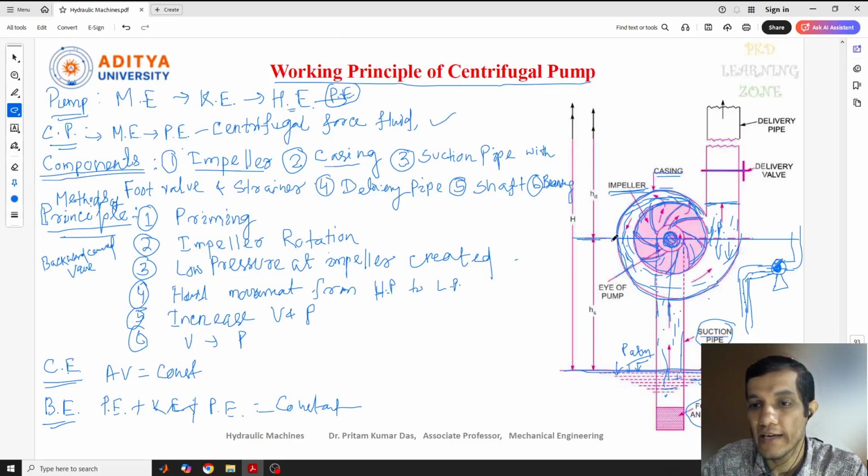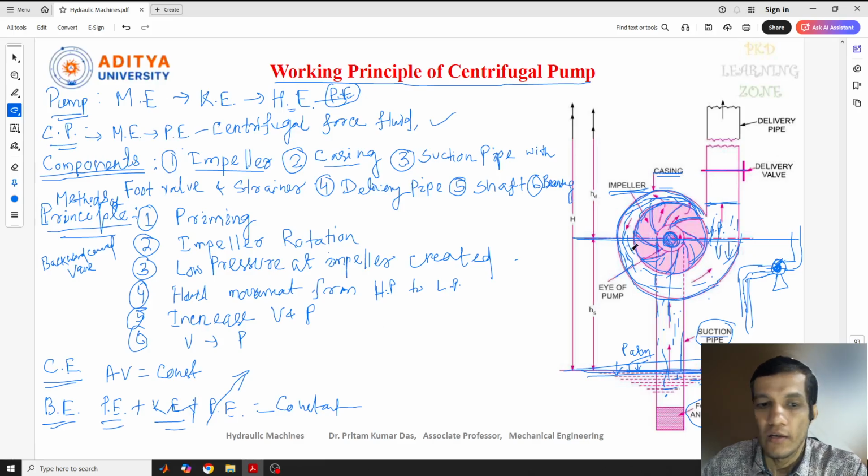If you see, this is the center line, and this is the sump level. The height of the suction pipe, or this height, is constant. So the potential energy is fixed here. We can cancel it. Now what are the remaining? Pressure energy and kinetic energy.